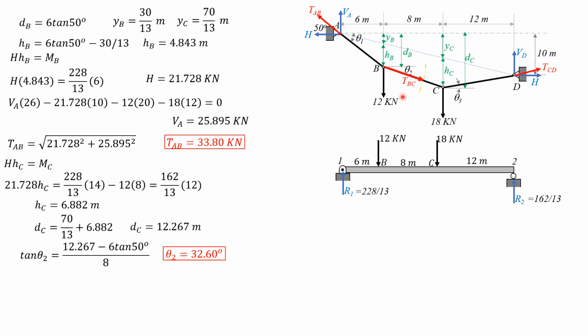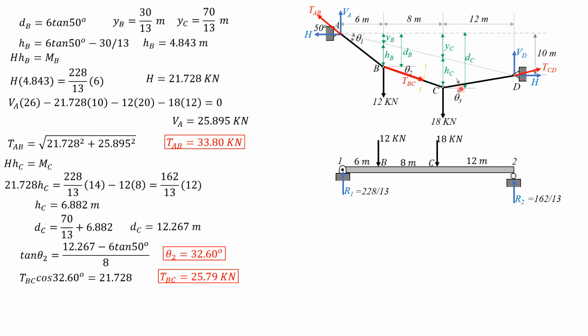Then having found theta 2, we can compute tension BC. Tension BC cosine of theta 2 equals H, which is 21.728. So T BC cosine 32.60 degrees equals 21.728. So tension BC is equal to 25.79 kilonewtons. So it's the same.